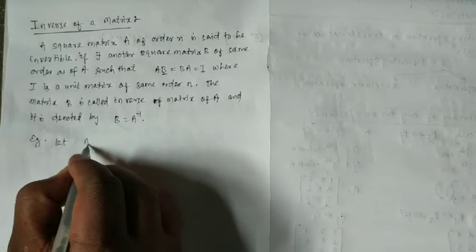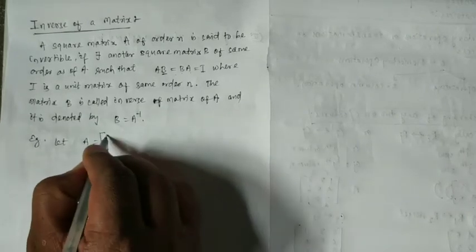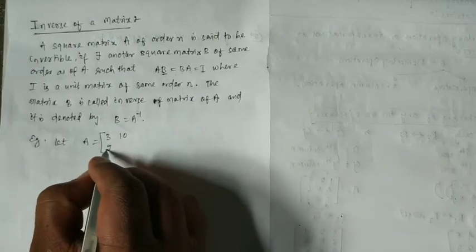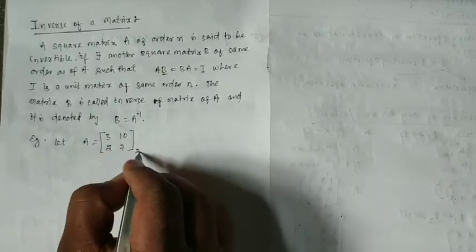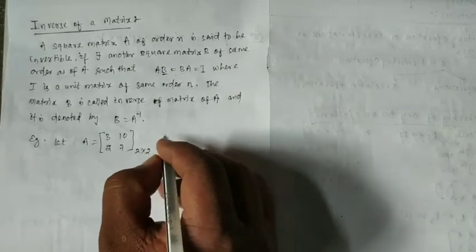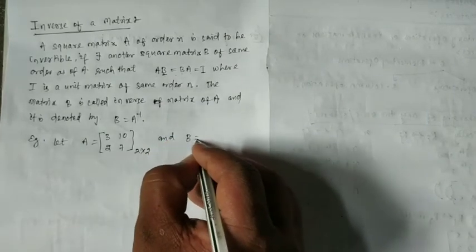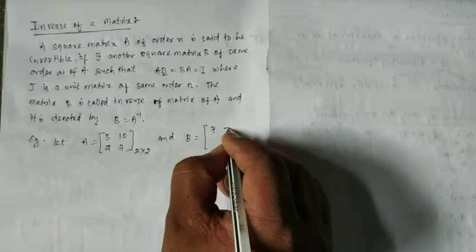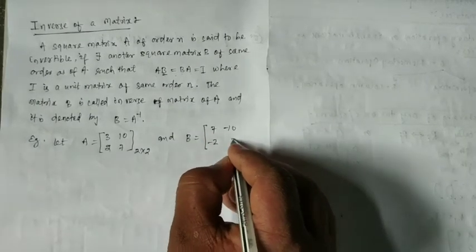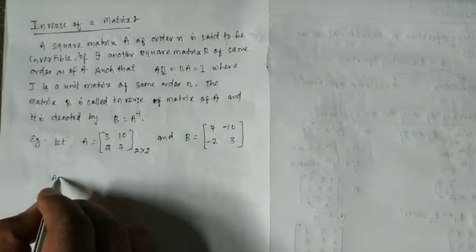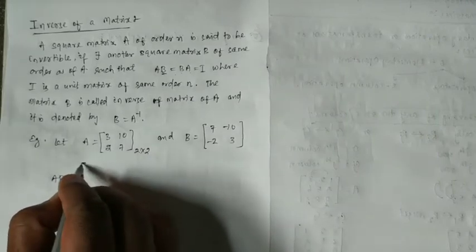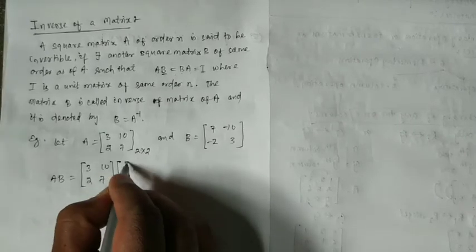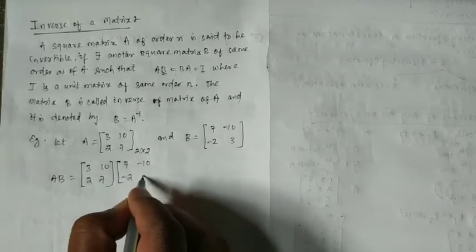Let's see an example here. Let A be a square matrix of order 2, that is 3, 10, 2, 7, of order 2 into 2, and B is the matrix 7, minus 10, minus 2, 3. Here we see that A times B equal to 3, 10, 2, 7 times 7, minus 10, minus 2, 3.